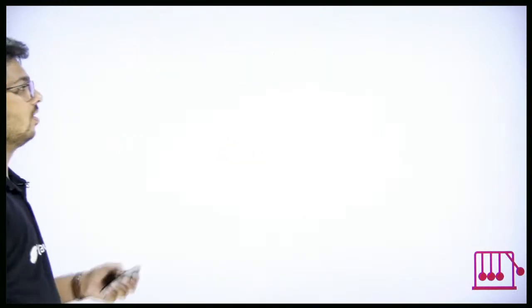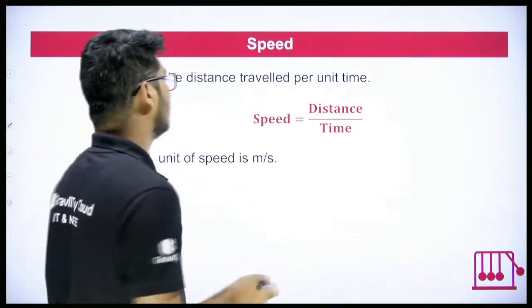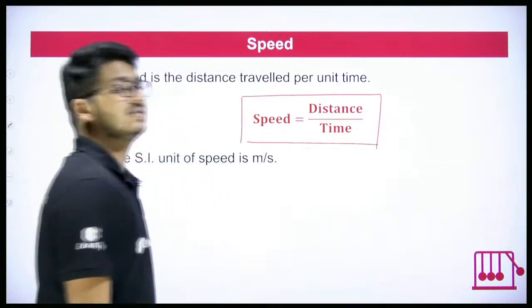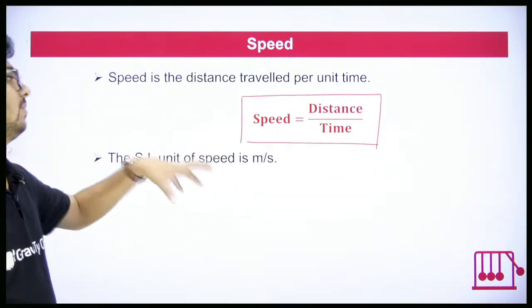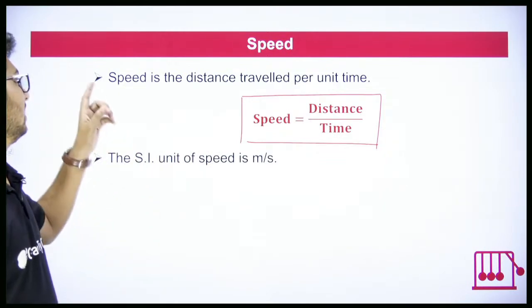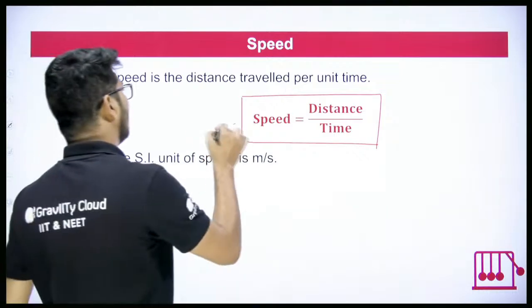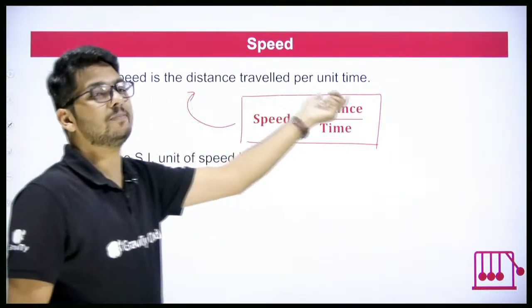Right? So, mathematically, we have a formula for speed. What is the formula? Speed is equal to distance divided by time. From the formula itself we get the definition: speed is distance traveled per unit time.